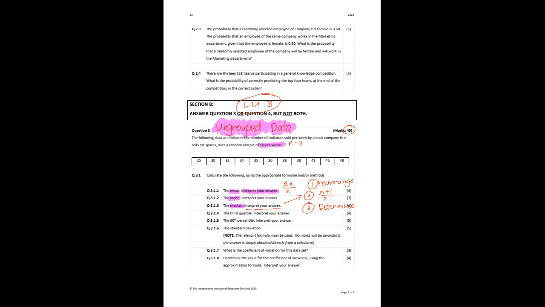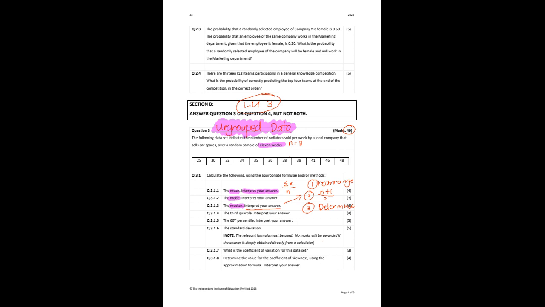So it separates 50% of your data, the first 50%, from the second 50% of your data. So when you're interpreting it, you can literally say that it is the middlemost number, that it separates 50% of your data, or that 50% of your data lies below this, 50% lies above it, that kind of thing.